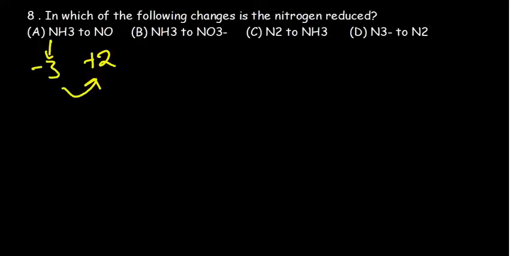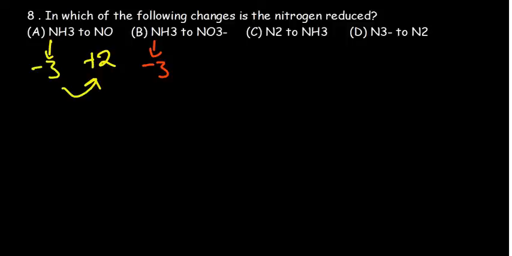We already know that from NH3 from the previous question, it is -3. Now what about NO3 negative?